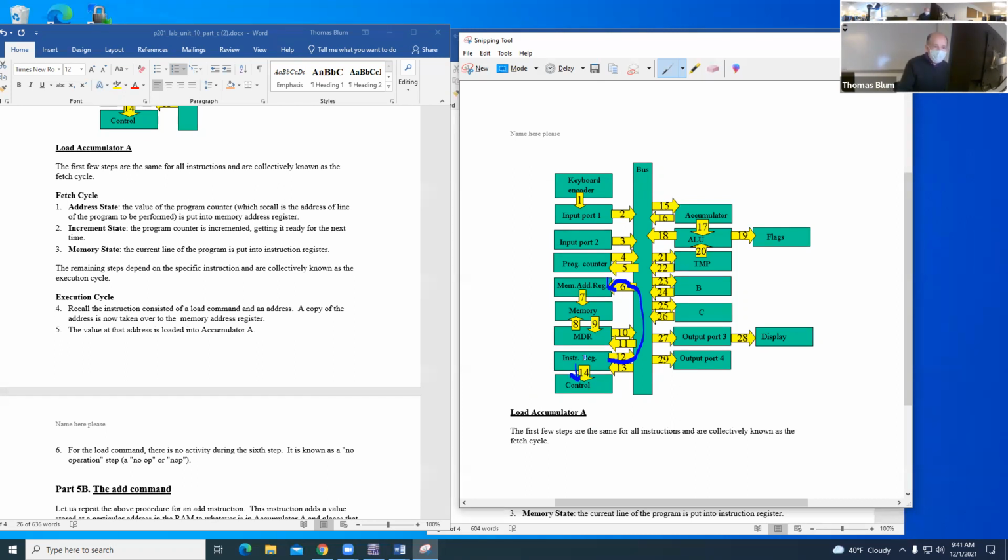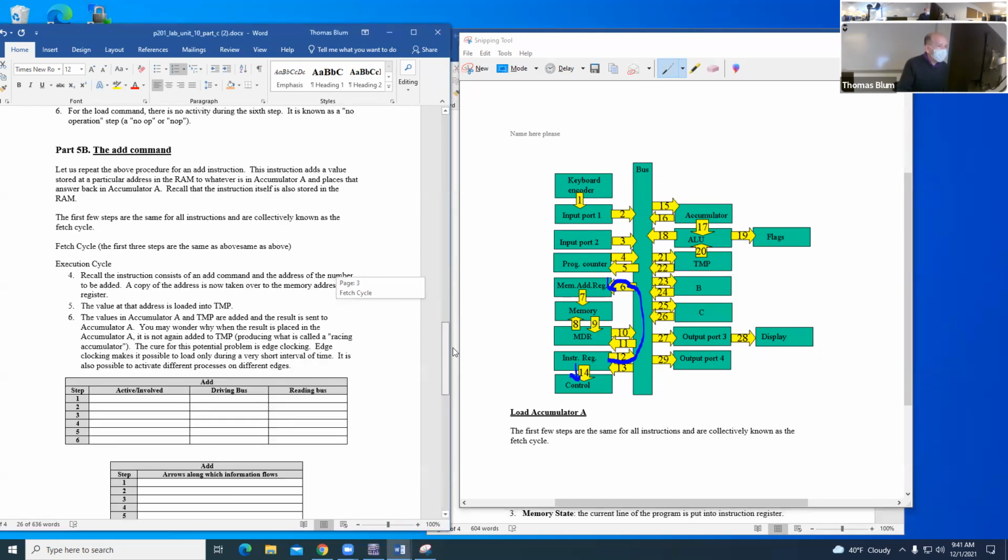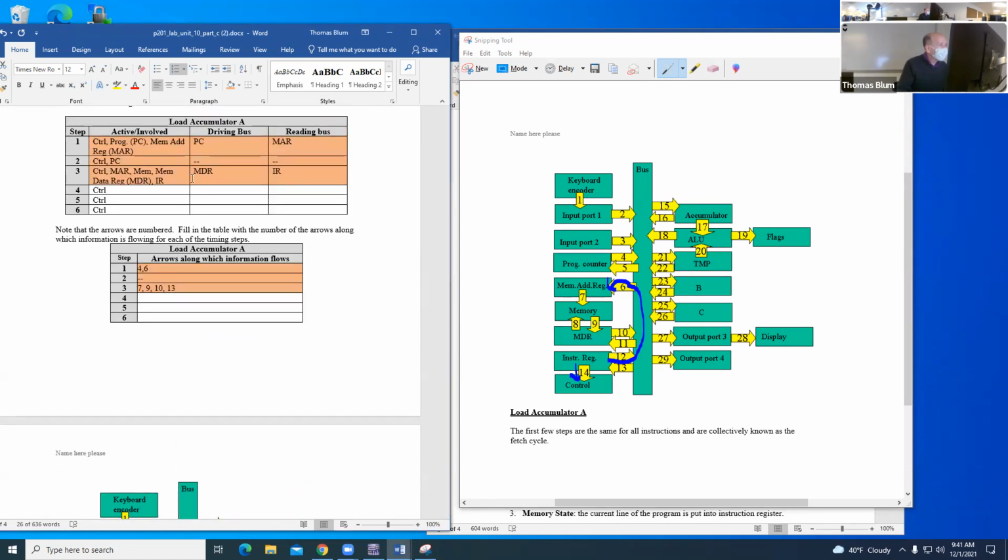And that communication between the instruction register and control is on 14. So here I'm going to say 14, 14, 14, as when I execute, I need to know what I'm executing. So that's 14. And then I do here a 12-6 while I'm down here.